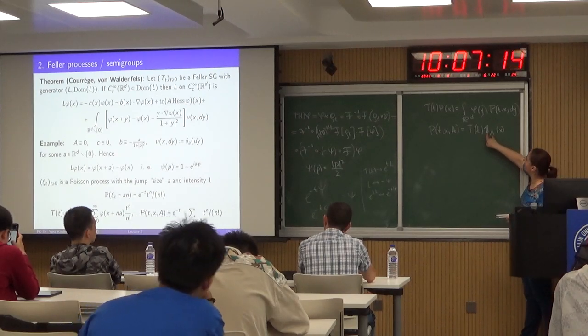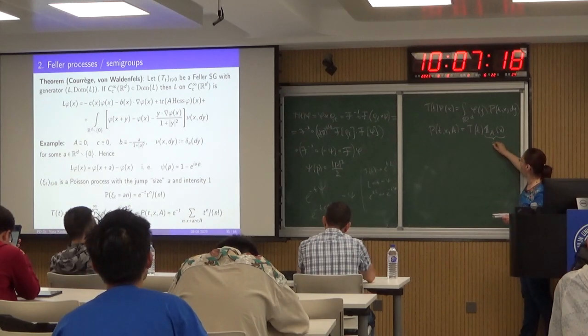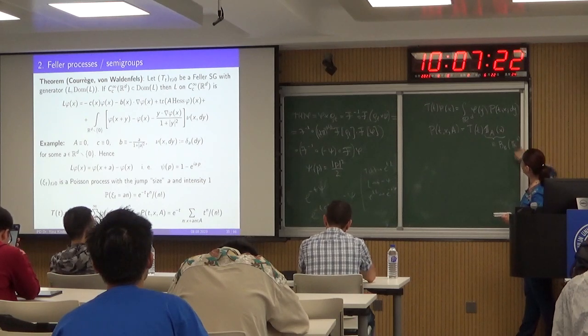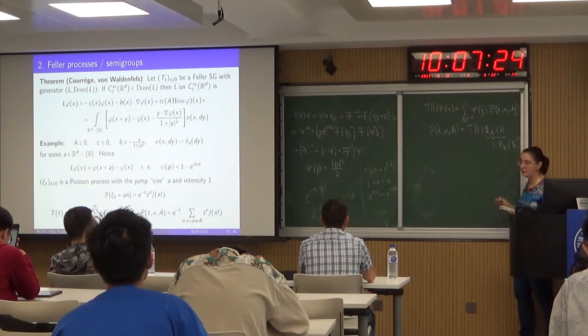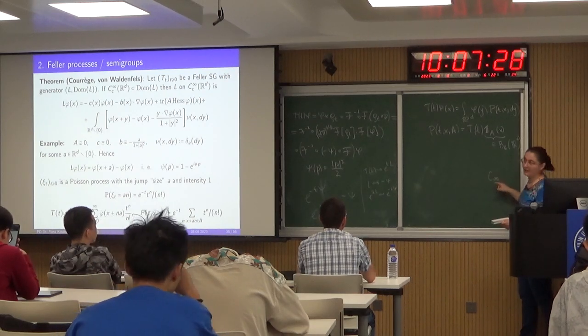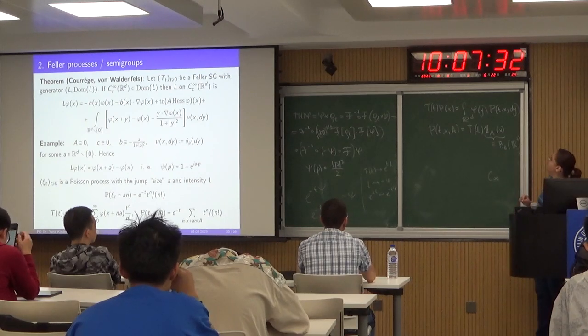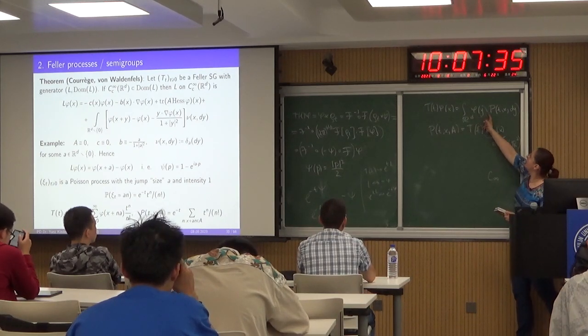Yeah, and of course, this is not an element of C infinity, but it is an element of BB RT. And we said that each Feller semigroup can be defined here, but can be extended here, just having this phi.